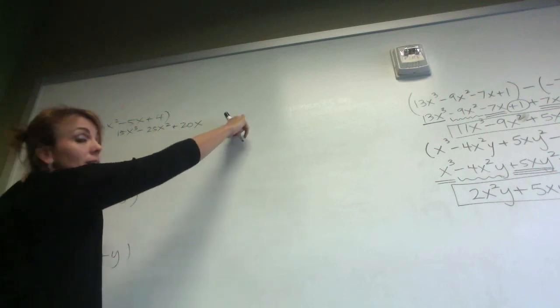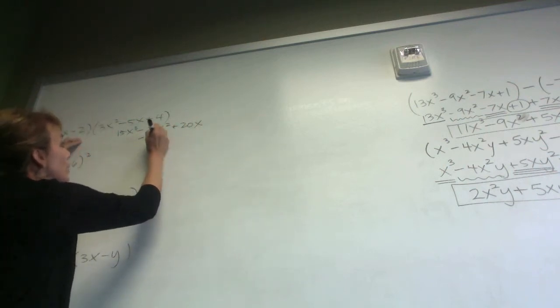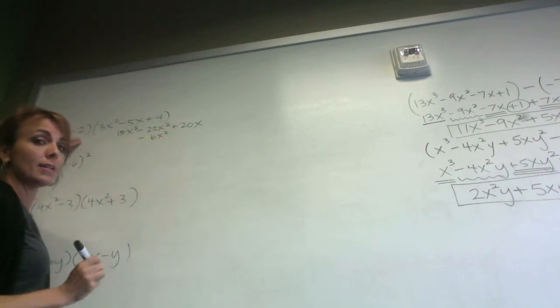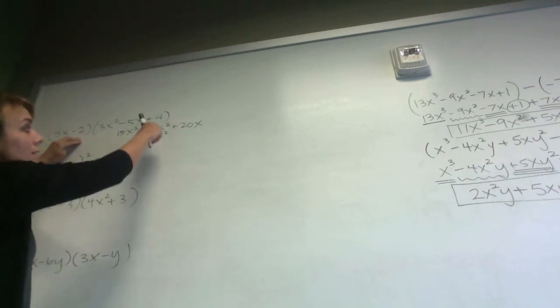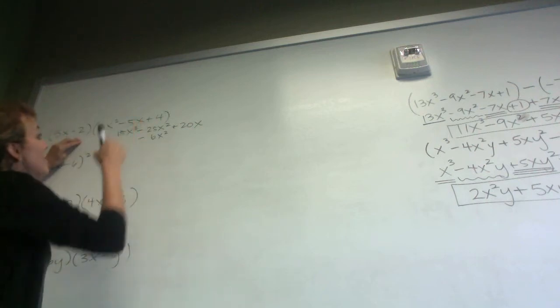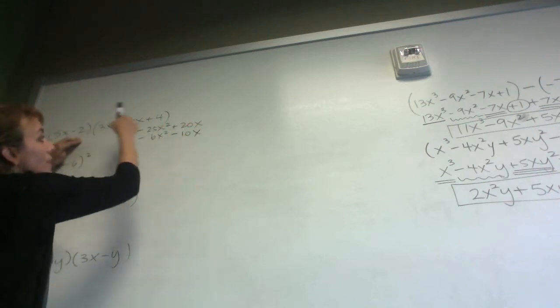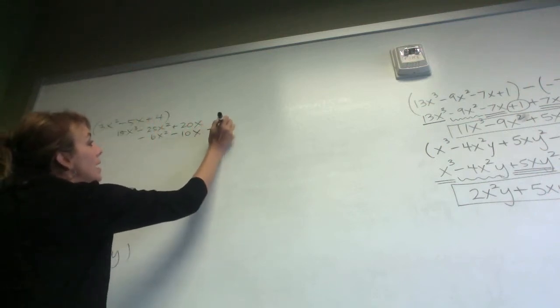Now I can put this on the back here as a long string, but I prefer to put it right underneath here, negative 6x squared, because these are like terms. I'm grouping them as I write. Negative 2 times negative 5x is negative 10x, and negative 2 times 4 gives me negative 8.